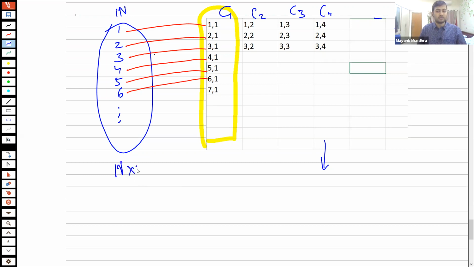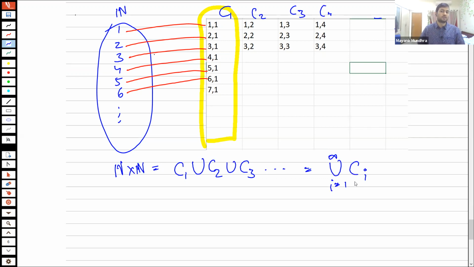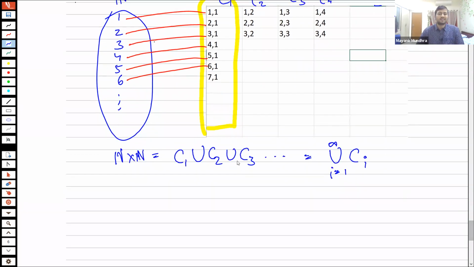The set n cross n is basically column 1 union column 2 union column 3 and so on, which is the union over i equals 1 to infinity of these columns. So you'll have infinite such columns in the Excel sheet. The n cross n set is an infinite collection of columns, and each column has the same cardinality as natural numbers.